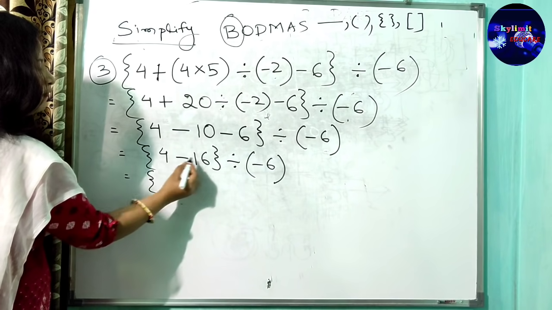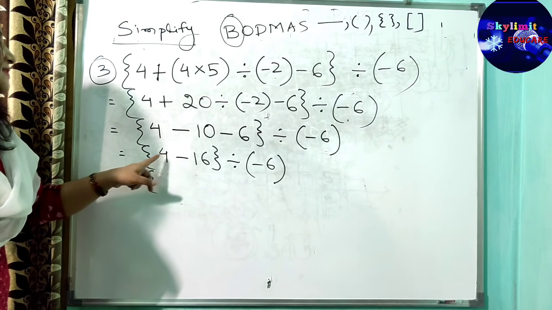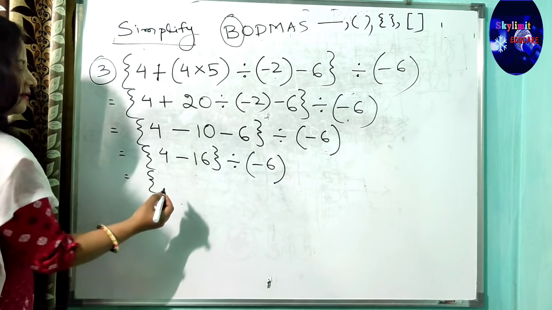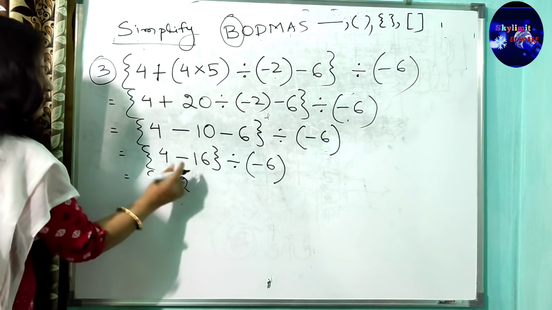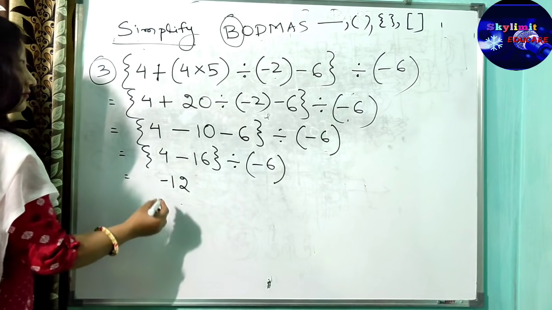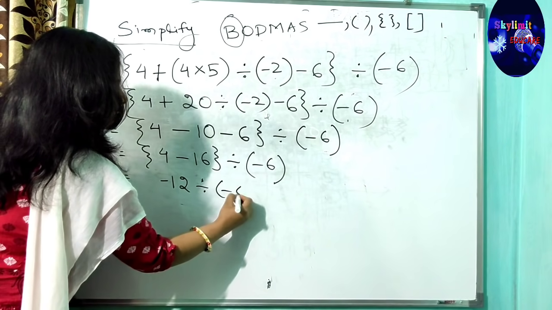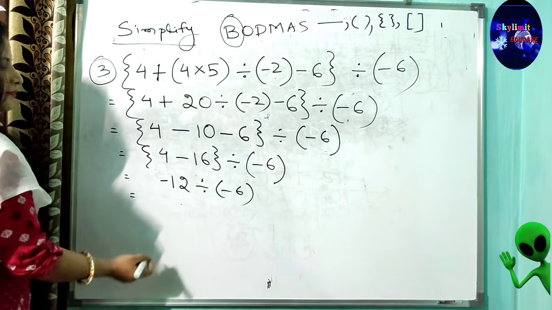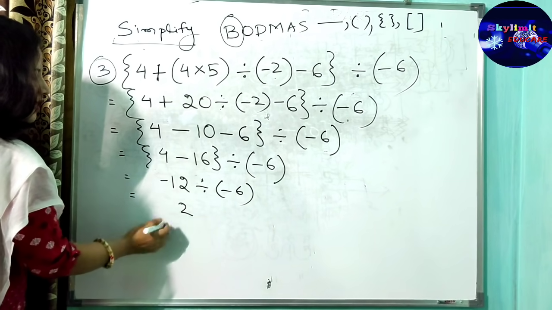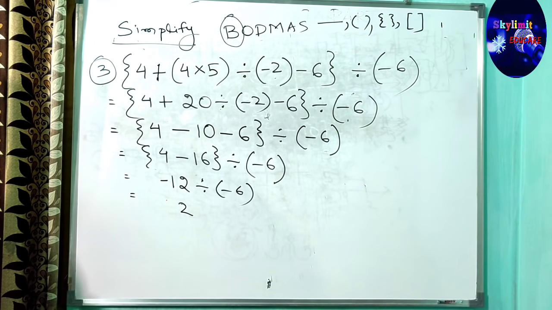So 4 minus 16. Both the numbers are carrying opposite sign. So subtract. 16 minus 4 is 12. Which is greater? The greater number is 16. Carrying what sign? Minus 12. Okay, you want to put the bracket, you can put it. Divided by minus 6. So 12 divided by 6 is 2. Both are minus. Answer will be plus. So this is the answer for this question.